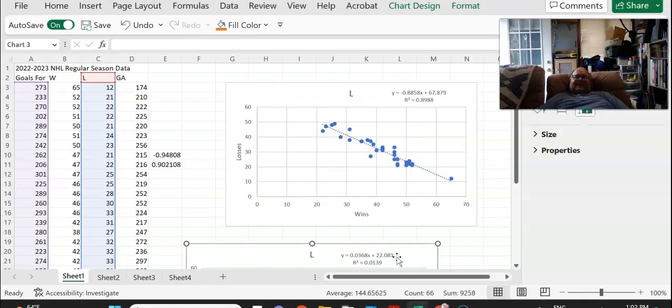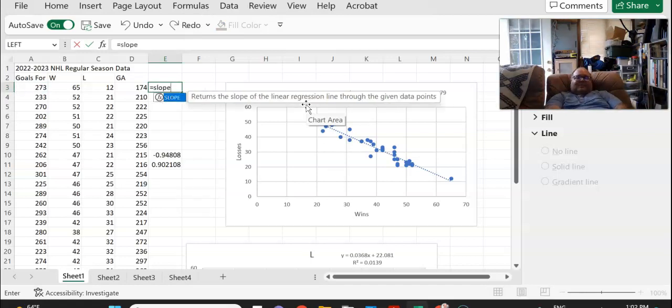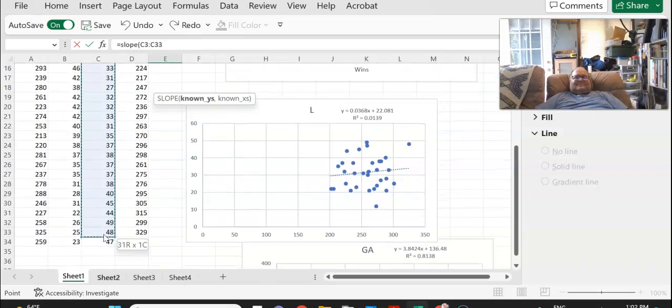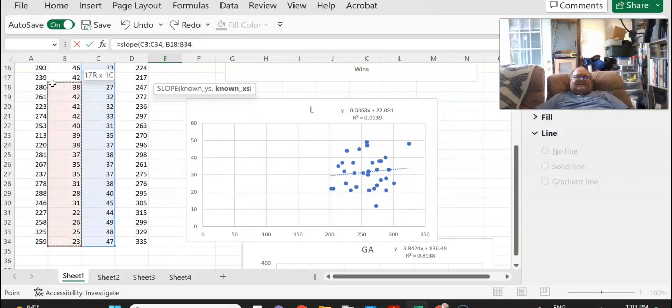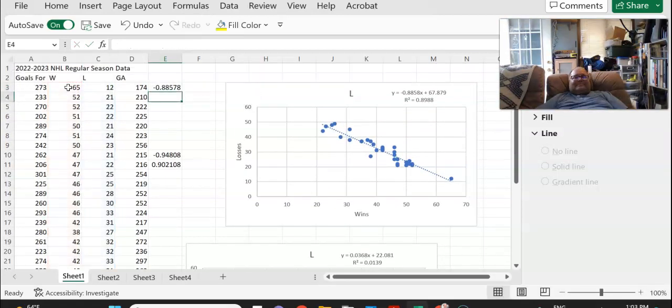However, let's use some other tools. They can be read directly off of this add-on to our graph, or we can do equals slope of our y's, comma our x's, and we have this value for y.